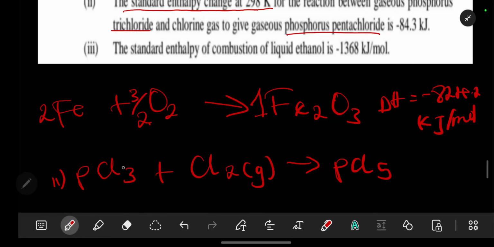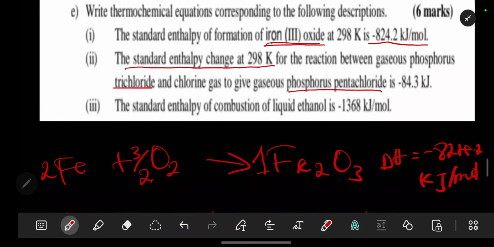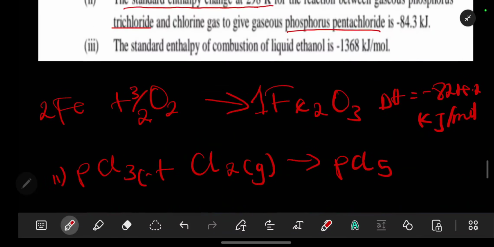Then for the change in enthalpy, check if it is balanced, check if it is gaseous, so we have gaseous here.